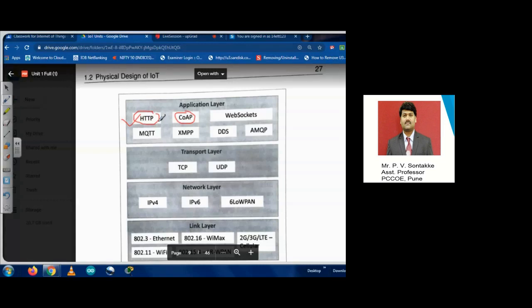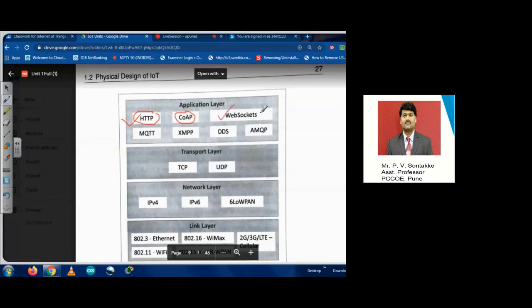Now we are having a variety of problems. Your network is very noisy, the environment is very noisy, your device is not up to the mark. Still, this lightweight protocol will work and be able to exchange the data effectively. So in constrained applications, we can go for using the CoAP protocol.